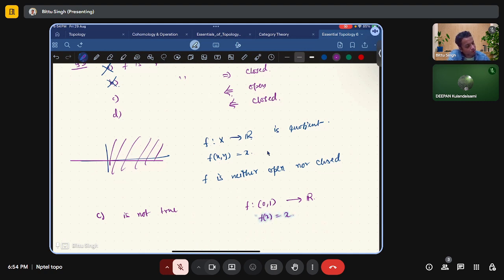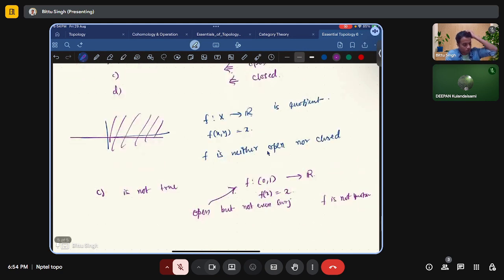Here we can see that F is not even surjective. So this F is open but not surjective. Therefore F is not a quotient map.